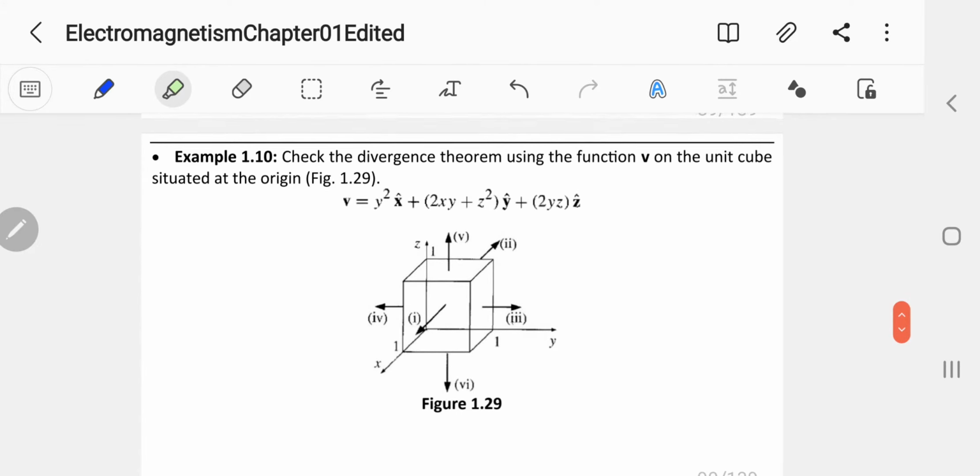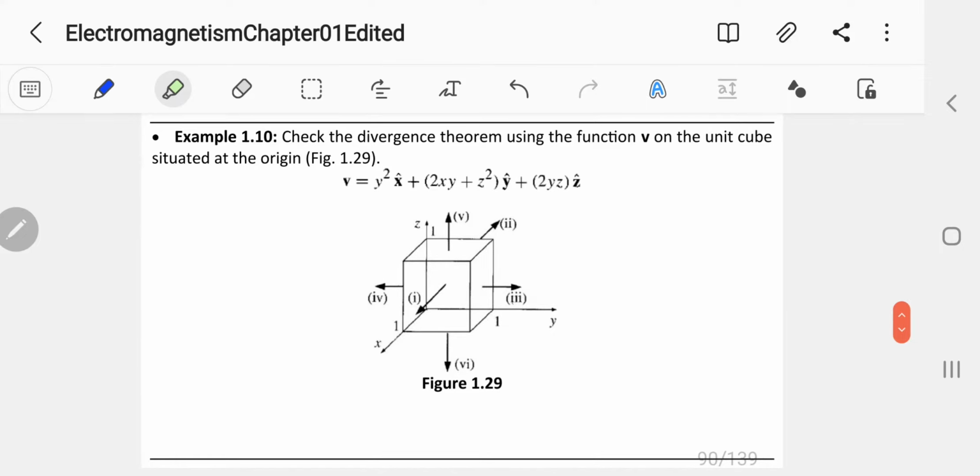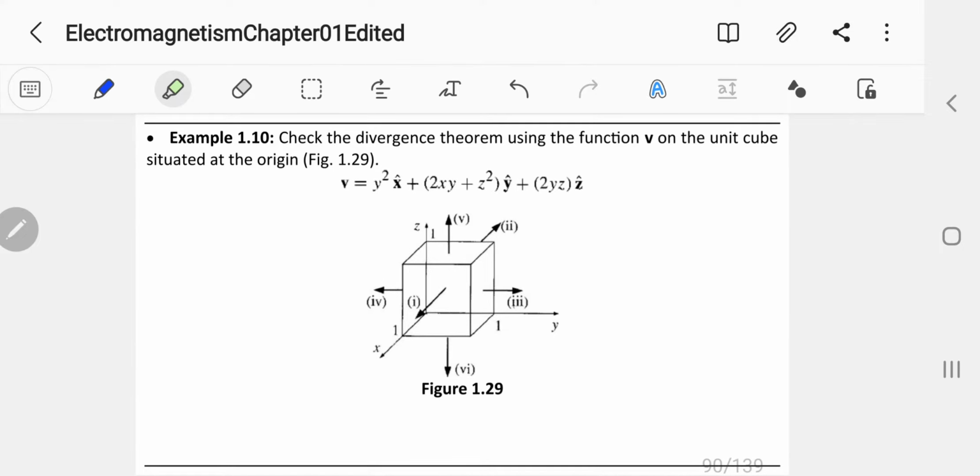So we can check this by example. In this example, check the divergence theorem using function V on the unit cube. This means the sides of the cube is equal to 1, situated at the origin, figure 1.29.